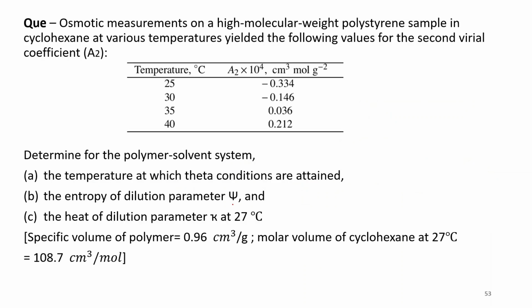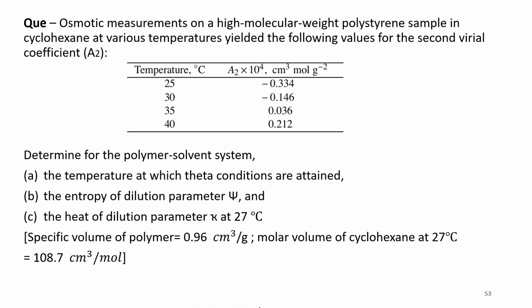Let's move to this question. Osmotic pressure measurements on a high molecular weight polystyrene sample in cyclohexane at various temperatures yielded the following values for the second virial coefficient. The temperatures are given as 25, 30, 35, 40, and with respect to that the A2 values, which are the second virial coefficients, are given.